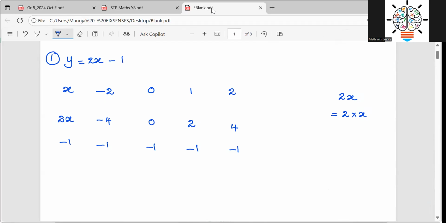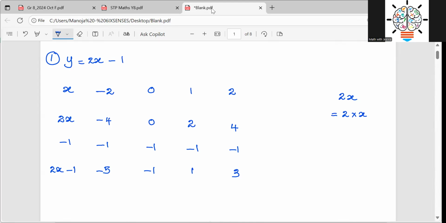So when you combine these, what is it, 2x - 1, right? -4 and -1, it is -5. 0 and -1, it is -1. 2 and -1, it is 1. And 4 and -1, it is 3. What is this 2x - 1 value, children?